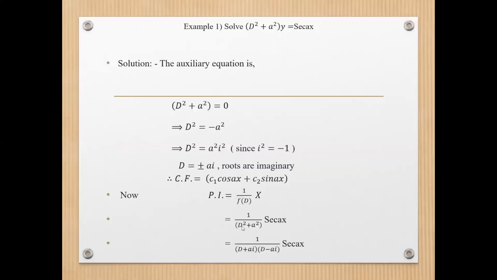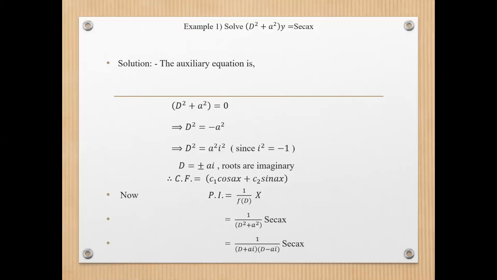That's why D square plus a square can be written as D plus ai, D minus ai, because plus minus ai are the roots of this quadratic equation. So D square plus a square can be written as D plus ai, D minus ai, into sec ax.